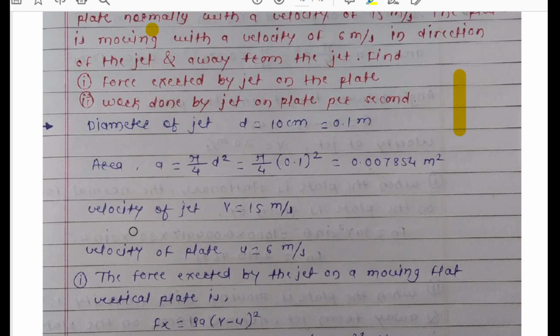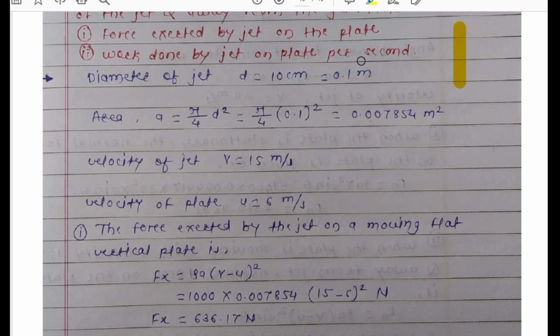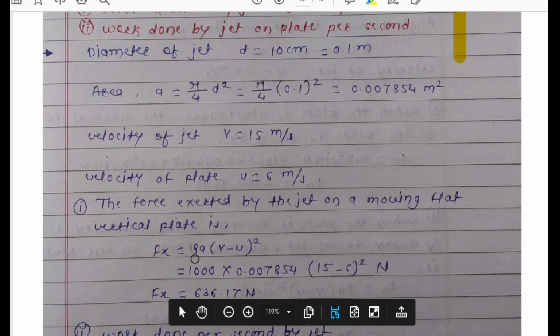From this, the area is 0.007854. Now the jet velocity is 15 and the plate velocity is 6, so the relative velocity will be 15 minus 6. The force exerted by the jet on a moving flat vertical plate is Fx, which will be rho a (v minus u) square.